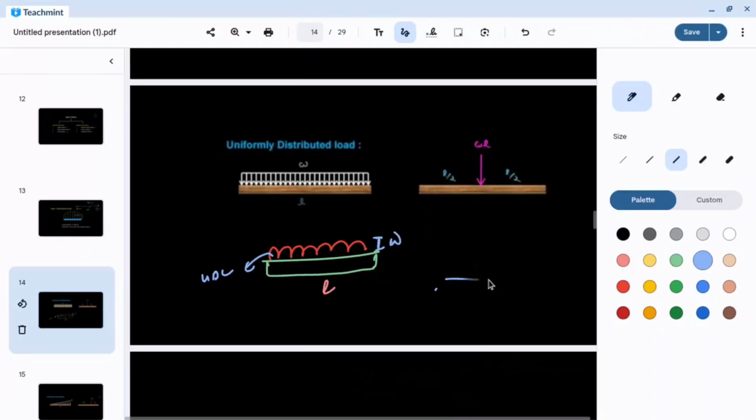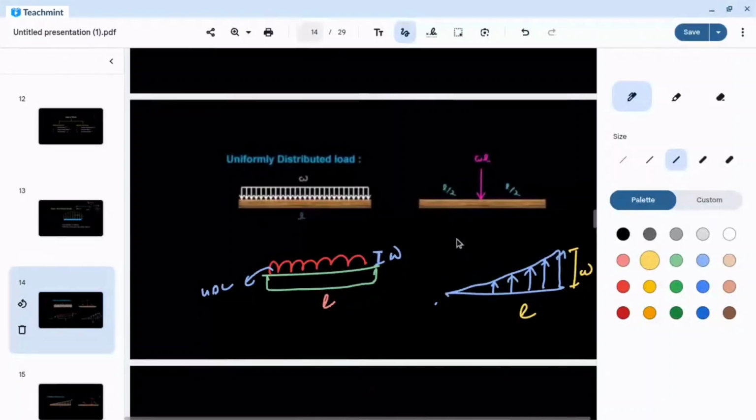Suppose this is the UVL, uniformly varying load. See, basics are very important, okay? This W is not the load. Actually, it is called load per unit length.